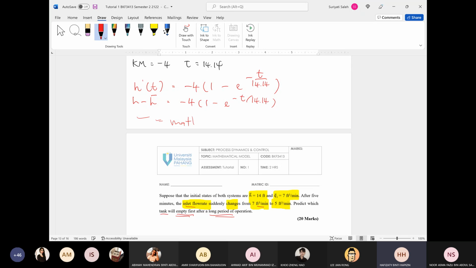This is the thing that I want you to explore further. Why do you get math error? It's supposed to be that you get T equal to a certain value. Why? I will keep the answer for now.